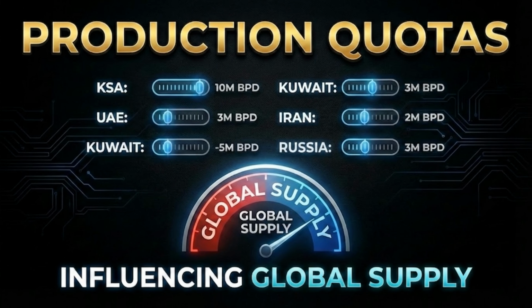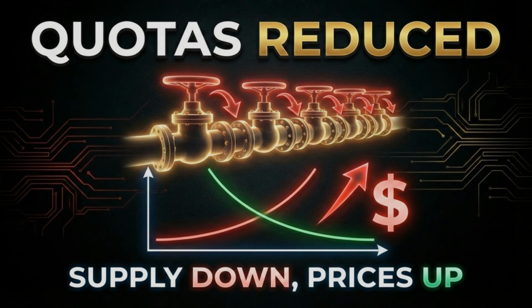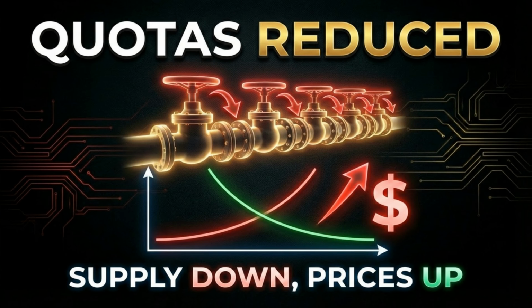In practical terms, this means OPEC sets production quotas, specific volumes that each member nation agrees to produce, with the intent of influencing global oil supply levels and, consequently, global oil prices. When OPEC reduces collective production quotas, cutting the volume of oil its members collectively supply to global markets, basic supply and demand mechanics mean that if demand remains relatively constant, prices increase.